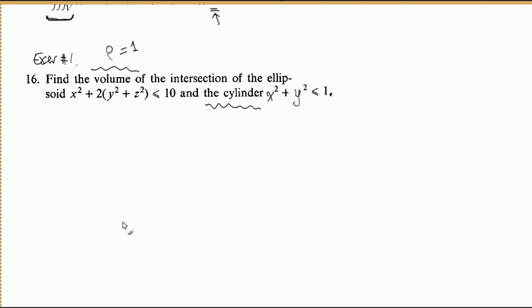But I want you to first consider this ellipse and think about x-intercept and y-intercept and z-intercept. See how big this ellipse is and see how the cylinder cuts it out. So you have to be able to visualize this one to make a decision that, oh, I do agree that cylindrical coordinates are better than spherical coordinates.